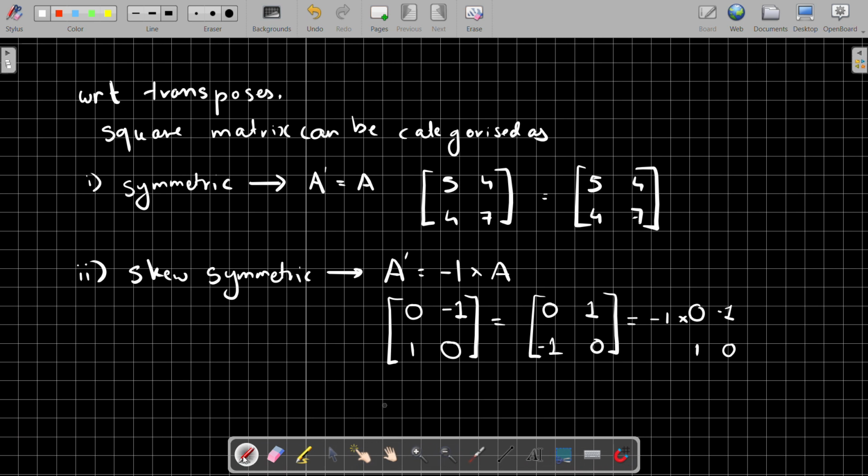Yeah, that works fine. So the transpose of this matrix is -1 times the original matrix. Hence, this is skew symmetric.